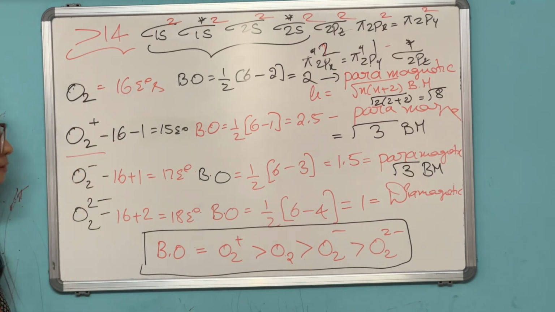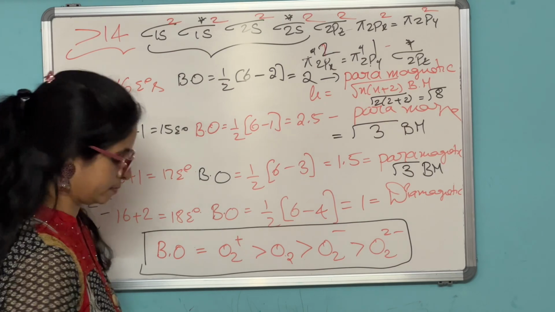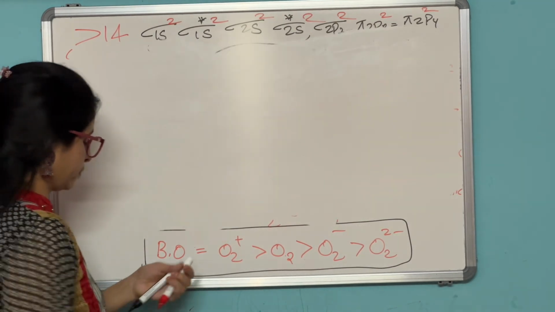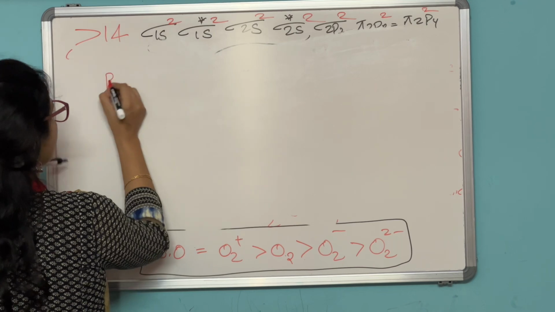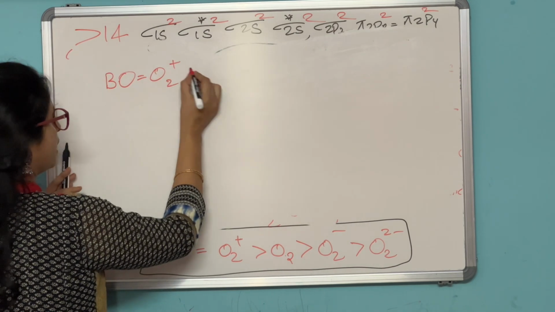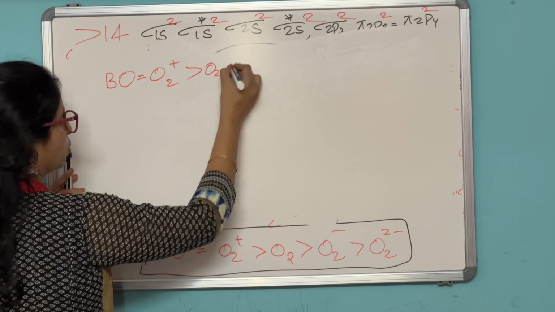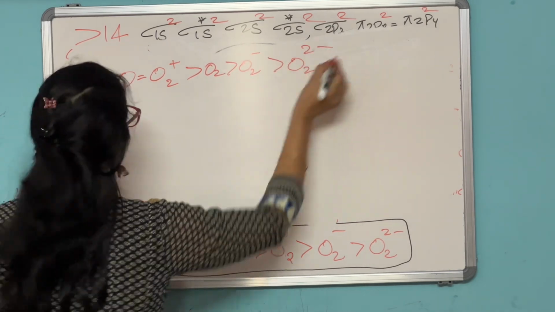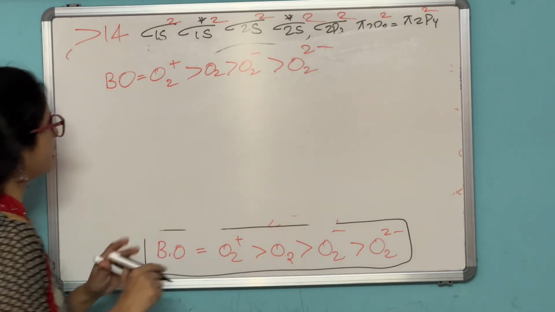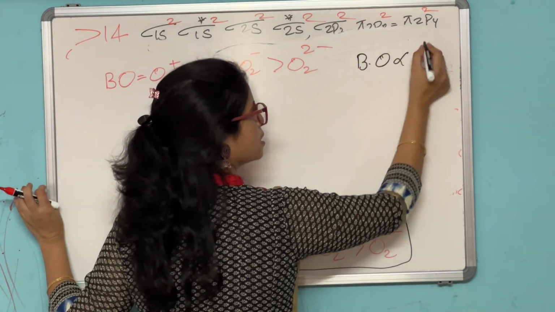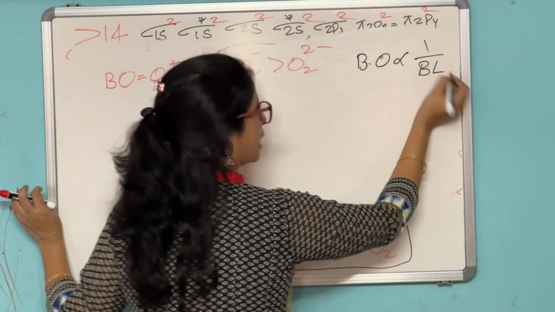Now what is bond length? The bond order is O2 plus greater than O2 greater than O2 minus greater than O2 2 minus, and we know bond order is inversely proportional to bond length.